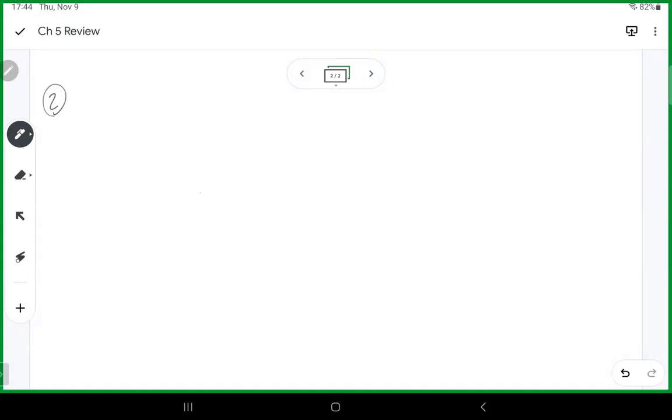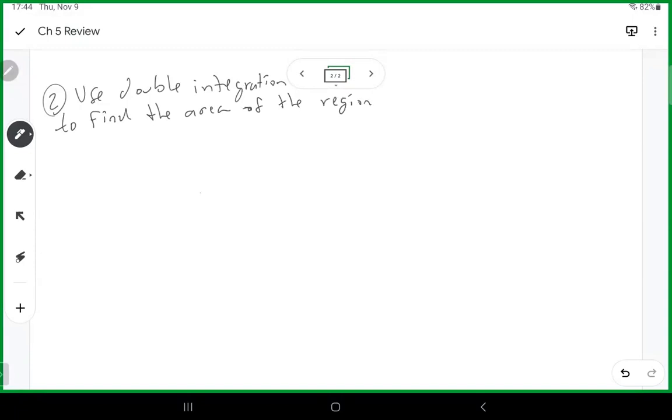All right, so this one is saying use double integration to find the area of the region enclosed by the graphs y equals x squared minus 64 and y equals 64 minus x squared.